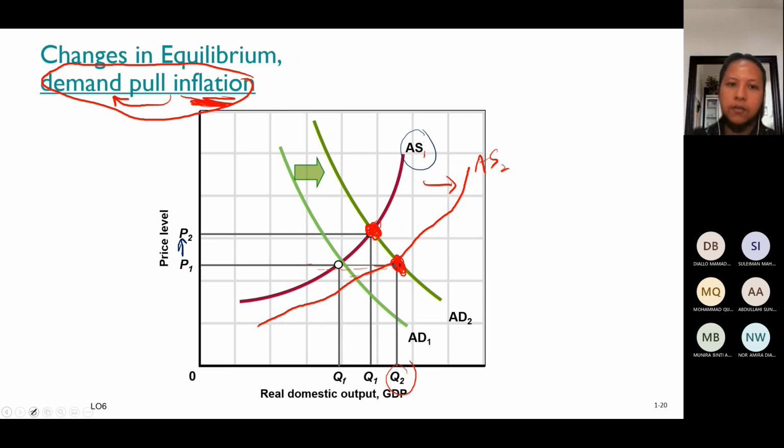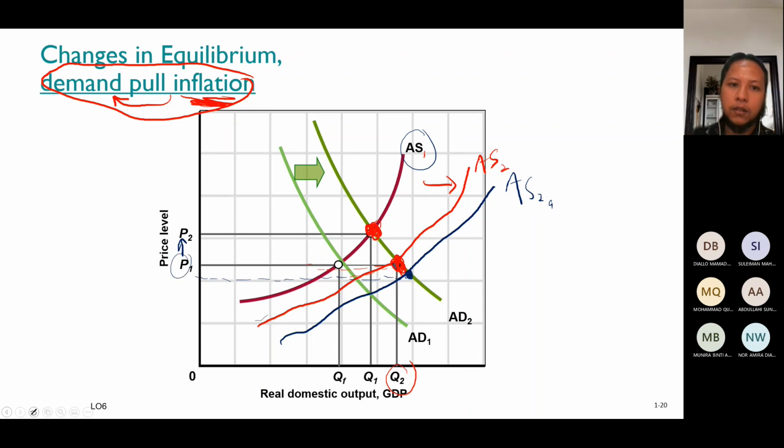However, depending on the shift of the aggregate supply, because we don't know actually how much the shift is, maybe the aggregate supply increases similar to aggregate demand, but it can also be higher than aggregate demand. So maybe AS2A. At this point, the price is actually lower than the original P1.